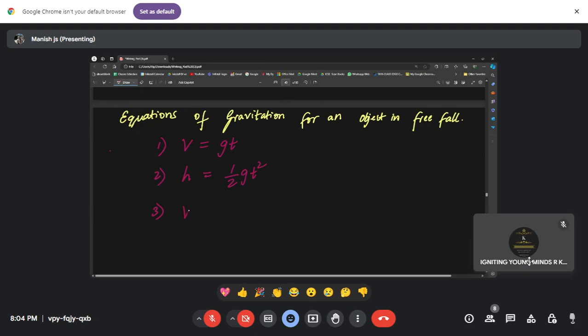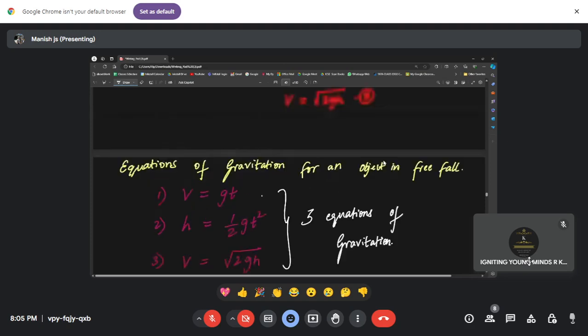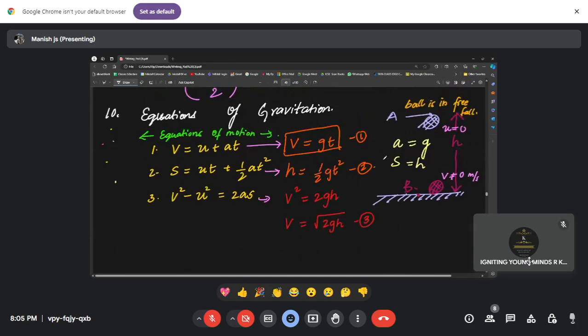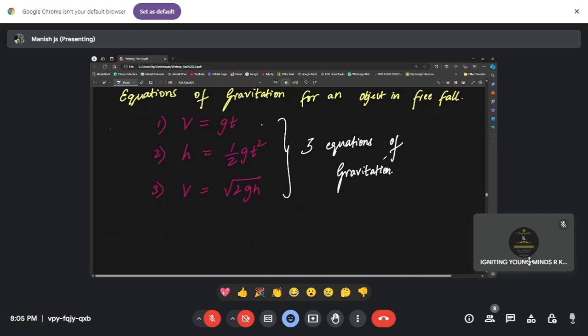Third equation was v equals under root 2gh. So these are the three equations of gravitation. We have successfully derived the three equations of gravitation by the transformation method. Okay. Now we move on to the next aspect.